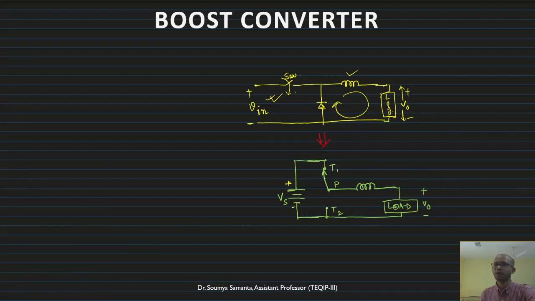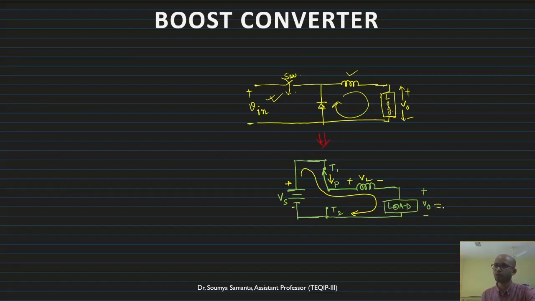Whenever the pole is connected through T1, what will happen? There will be a flow of current through this part and through the inductor. The direction of the current flow is this one, and this charges the inductor. The inductor will get this polarity, plus of VL, and Vs will be directly connected to V output.